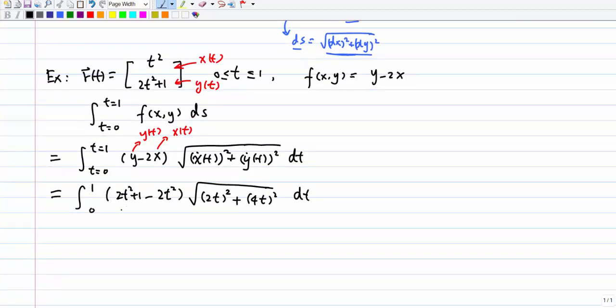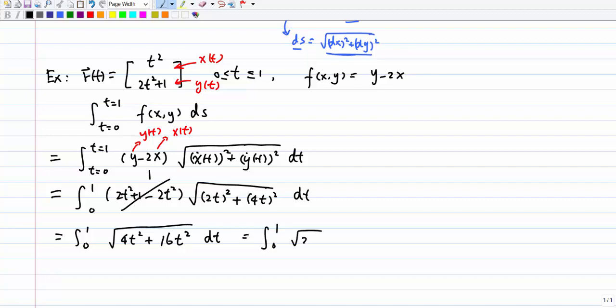This just cancels out to be just 1, so it becomes simple. So 0 to 1, the 1 drops, and this is the square root of 4t squared plus 16t squared, which is the square root of 20 times t squared.